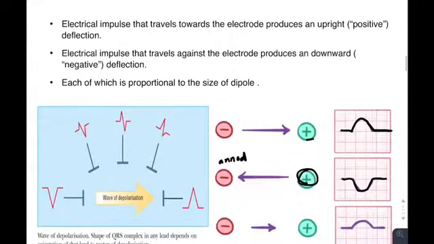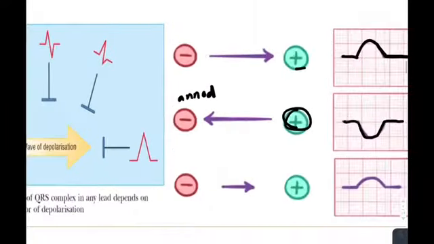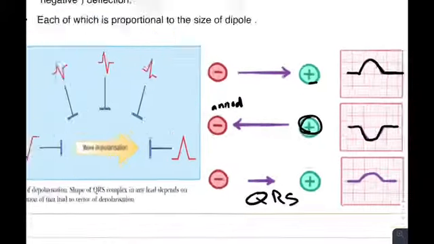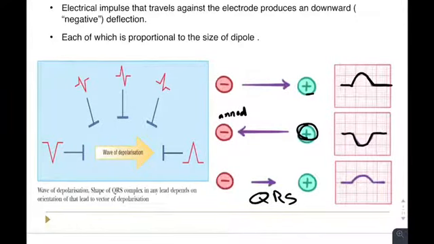Whether it is an upright or downward deflection, it is directly proportional to the dipole. A greater dipole, a greater deflection. The most important example in this process is the QRS complex, and we will explain it more in the next slides.